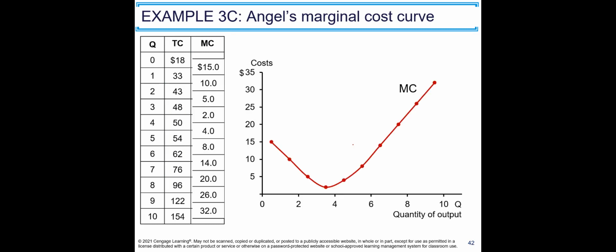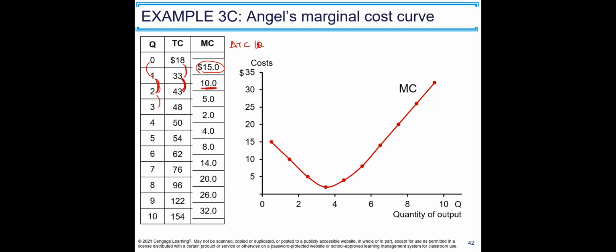Now let's calculate the marginal cost. Remember, marginal cost is the change in total cost when you change the quantity by 1 unit. Here, when you have 1 more unit, your total cost increases by $15. 33 minus 18. You add 1 more unit, total cost increases by 10, therefore the marginal cost of producing the second unit is 10.